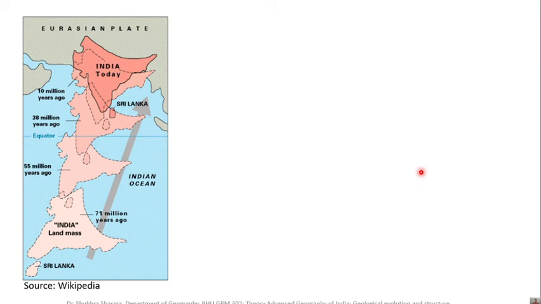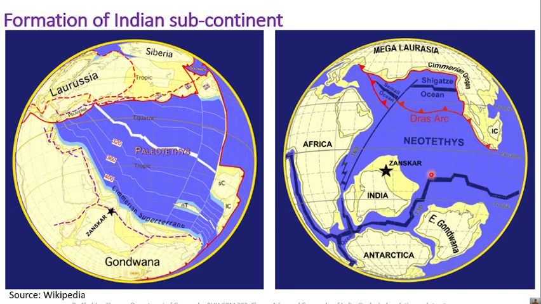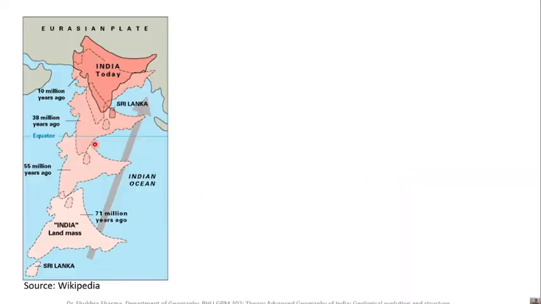So this is just to give you some more idea. And of course, you will have noticed that the position of India in the geological past was in the southern hemisphere. Right now we are placed somewhere here, but the position of the subcontinent was in the southern hemisphere, and it has gradually moved across the equator to attain its present position, right?